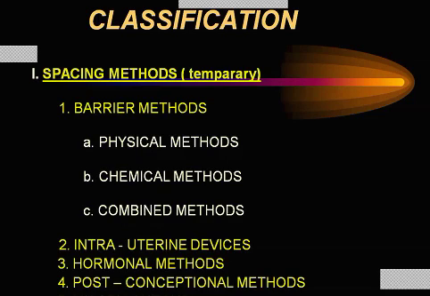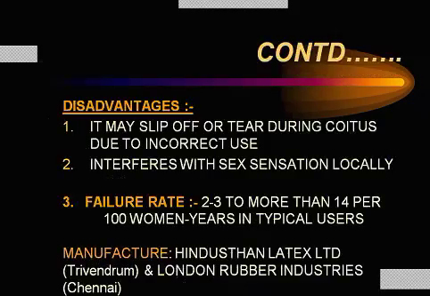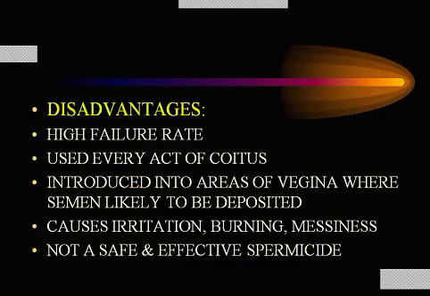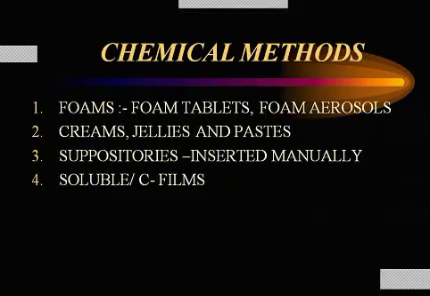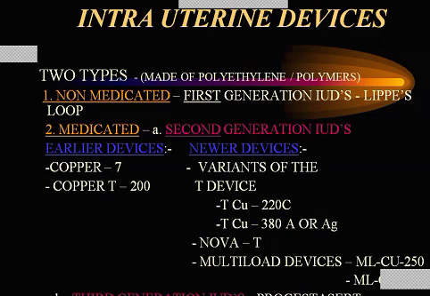Today, we are going to discuss intrauterine devices and other hormonal methods. We have already finished with the barrier methods, and for terminal methods, we have male sterilization and female sterilization. So this is about the various physical barriers. And now I am starting with intrauterine contraceptive devices.